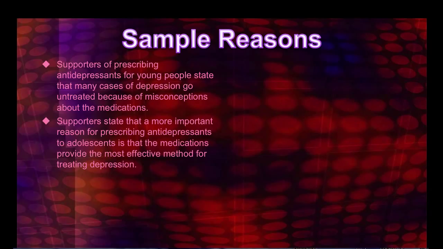Now that would introduce a section of the paper that would discuss probably studies that had been done and statistics that are available that support the idea that antidepressants are the most effective way for treating depression. And that could be a paragraph or 2 paragraphs or 3 paragraphs.